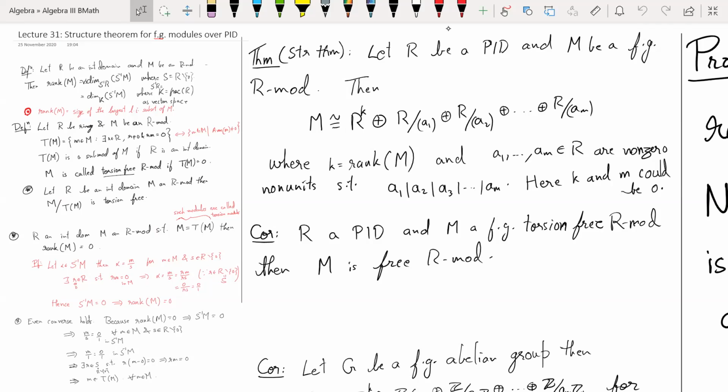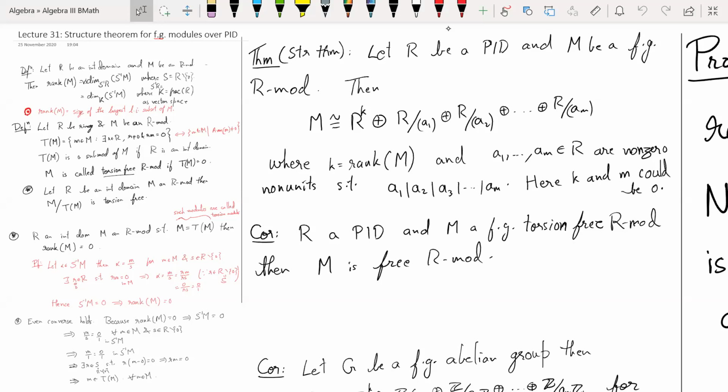And a1 to am are non-zero non-units in R, such that a1 divides a2 divides a3 and so on up to am. Again, it may happen that no such factor exists, so M is just R^k. If M is 0, then both factors are absent and you just get 0. So it's possible that k and m could be 0.